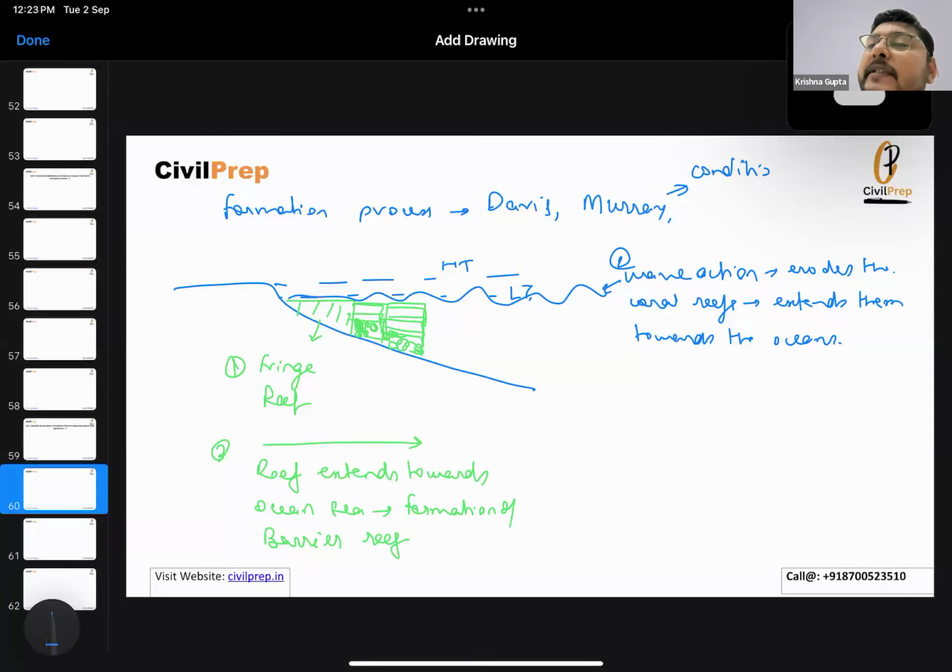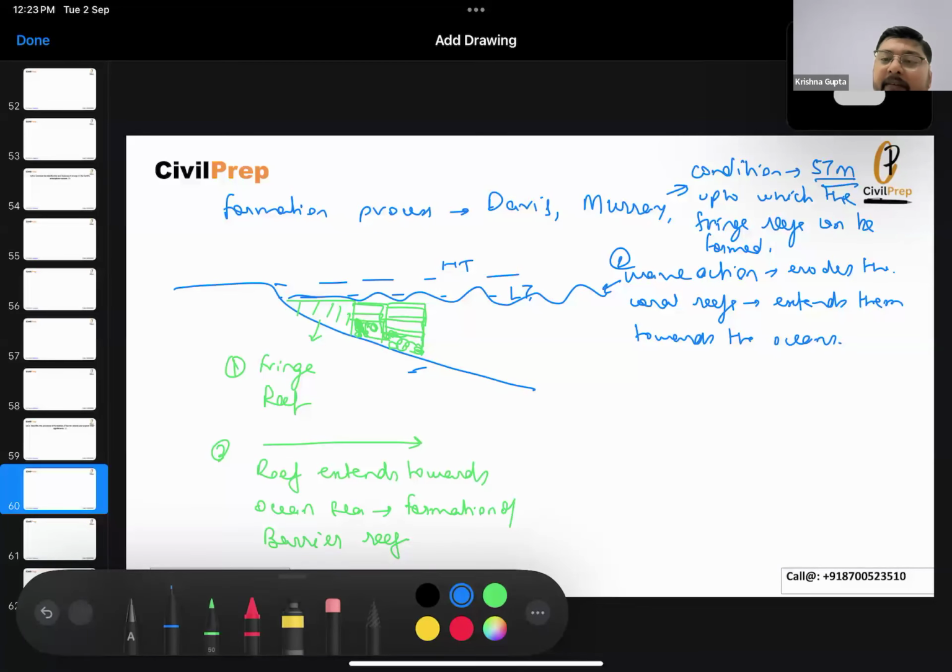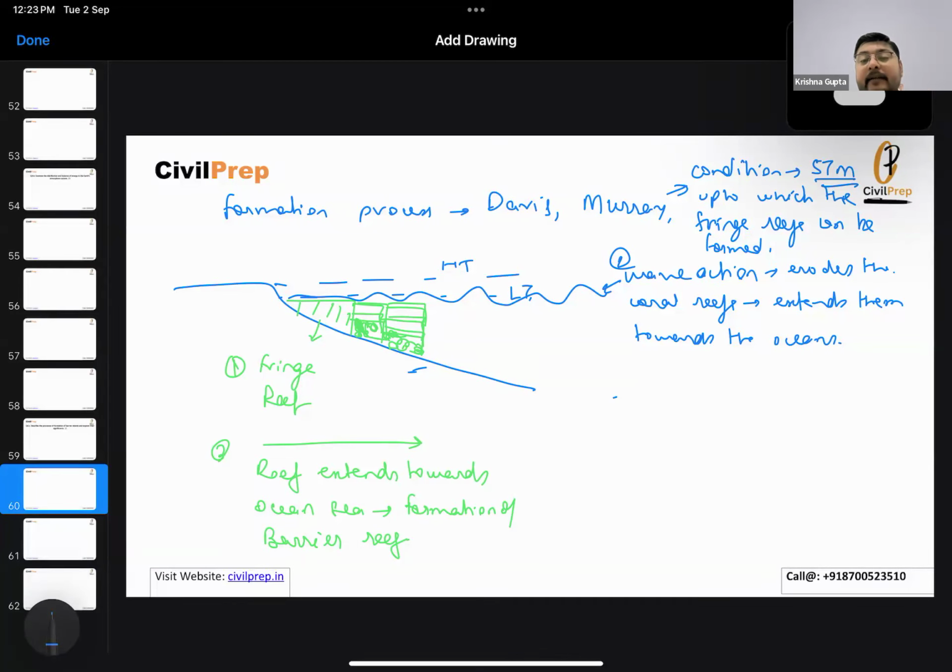Okay, so in this particular aspect, Murray has specified one term here, a condition. So the condition was, it is up to 57 meters up to which fringe reefs can be formed. But this 57 meters criteria was not applied to the barrier reef. So this barrier reef, we will see that they were extending very high towards this region.